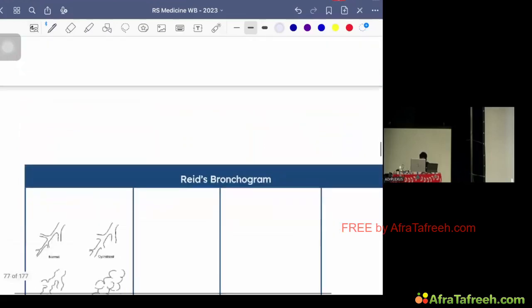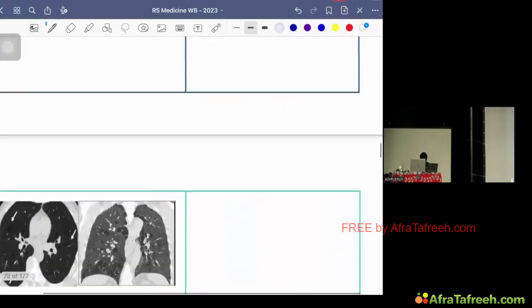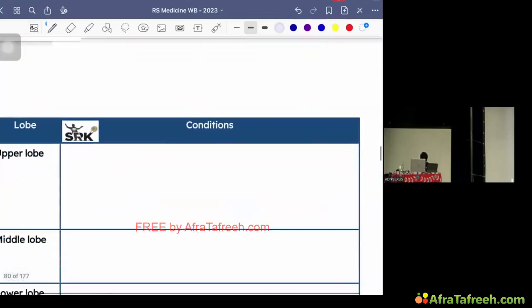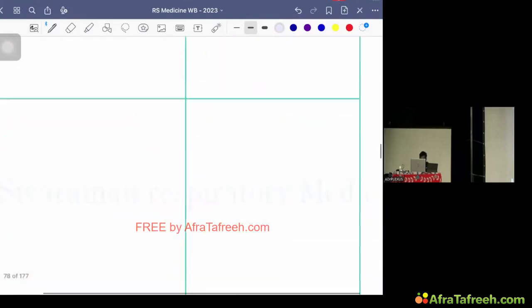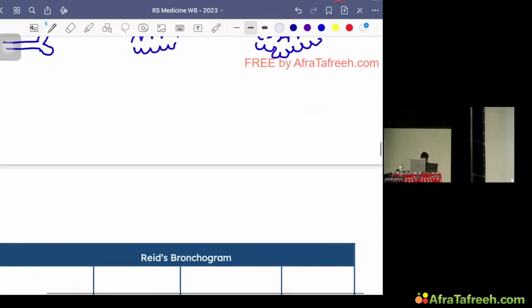What is happening in bronchiectasis? There is an initial inciting event in the form of infection.